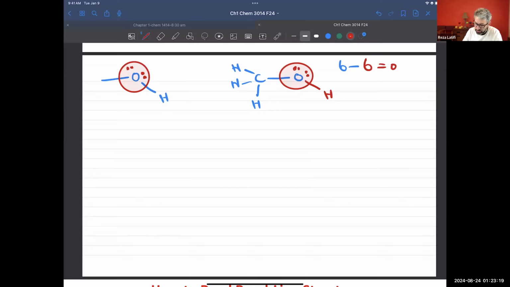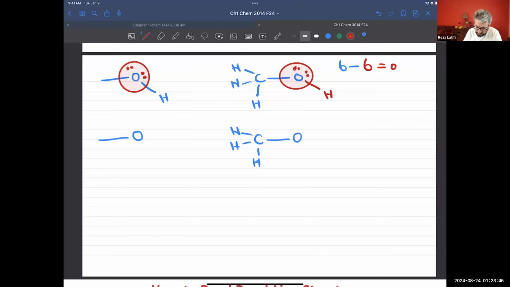Next, what if there is no hydrogen attached to it? Let's say you drew it that way. This is going to be equal to carbon attached to oxygen. This one has 3 hydrogens, and oxygen. I need to make it octet.